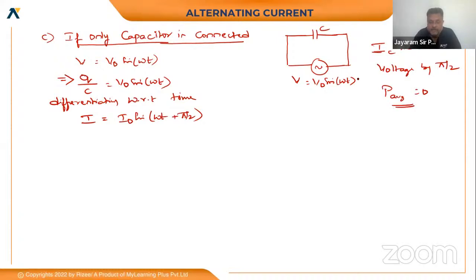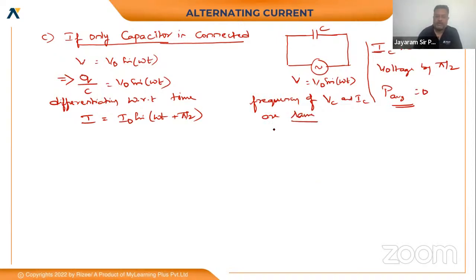It will not dissipate in any other case. The frequency of the voltage across the capacitor and the current across the capacitor, both of them are the same. So this will be the situation.